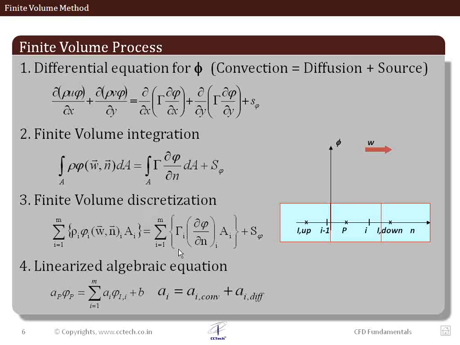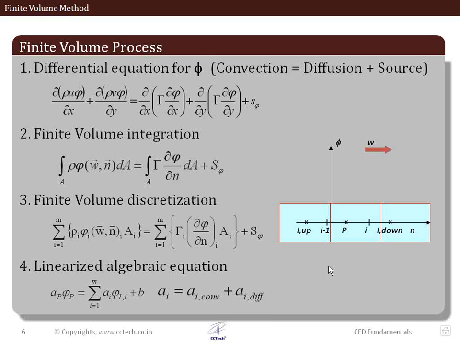And as I mentioned to you, the advection term consists of the nonlinearity, and by an appropriate assumption, this equation is converted into a linear algebraic equation. A linear algebraic equation for a given cell, let's say we are discussing cell P, we are applying this finite volume method for applying the conservation equation on this cell. What we obtain is a linear algebraic equation for a given unknown for which I'm solving.